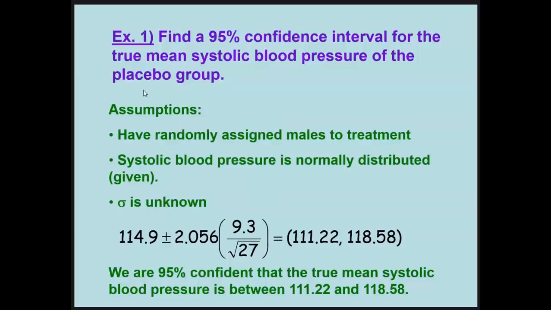We assumed that we had a randomly assigned treatment. We were told that the blood pressure was normally distributed. They didn't state the sigma, so we just mention that we didn't know the sigma. And then we fill in our numbers from there. And then there's the conclusion.